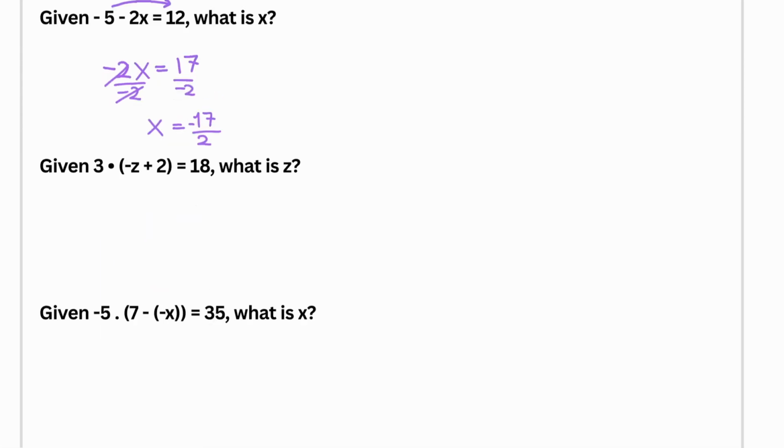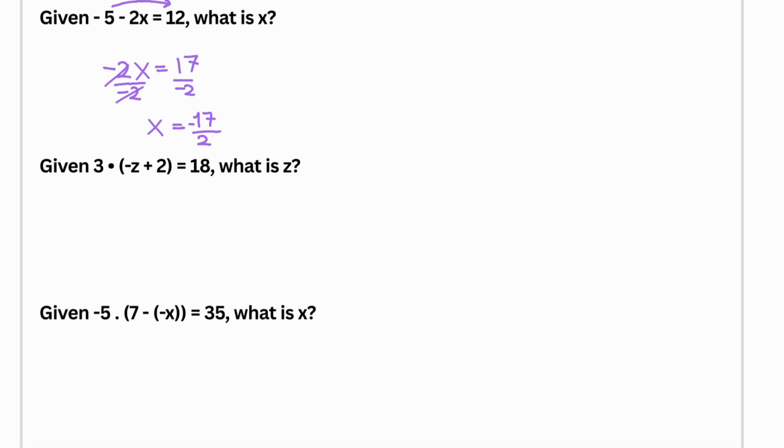Okay, here we have 3 times (-z plus 2) equals 18. There are two main ways you could do this, which is to do the distributive property and distribute 3 to this parentheses and then solve it, or you could simply divide both sides by 3 to get rid of 3. But let's do both of them to see that they both work.